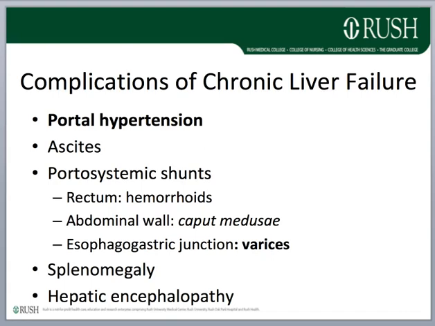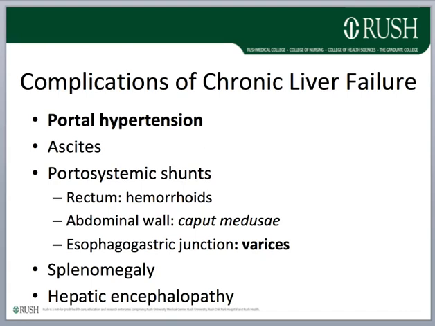Other complications of chronic liver failure include ascites, that is the accumulation of fluid in the peritoneal cavity, and portosystemic shunts, which can be manifested as hemorrhoids in the anorectal area, caput medusae in the abdominal wall, these are dilated subcutaneous veins, and then esophageal varices, which we discussed a couple cases ago with the esophagus.